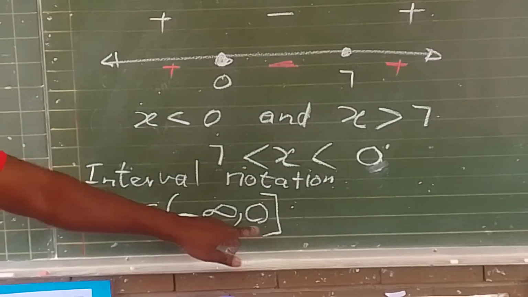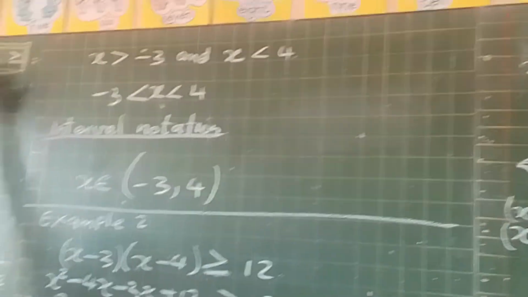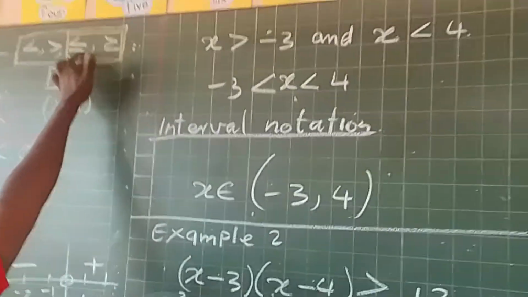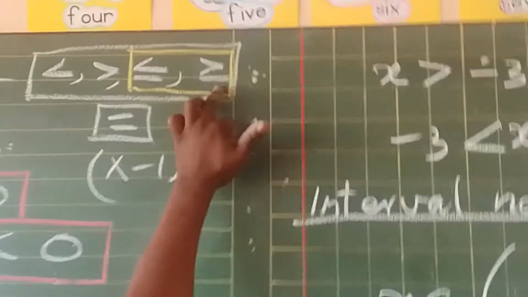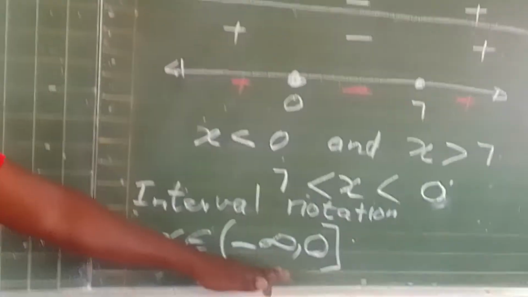Remember this square bracket I told you about? It comes to play here because of the inequality of greater or equal to, or less or equal to. Once you see this, it is going to be reflected in your interval notation.